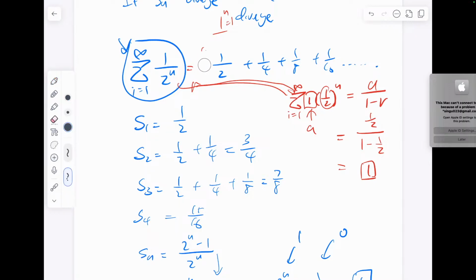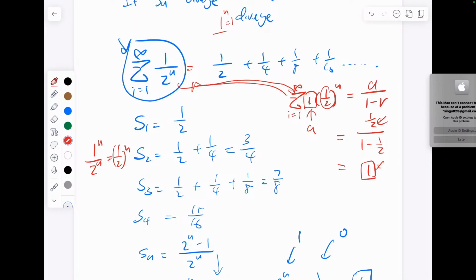How do you get the n exponent? Because 1 over 2 to the n is the same thing as 1 to the n over 2 to the n, right? Because 1 to the n is 1. So this one's going to be 1 over 2 to the n. So this one's 1, not 2. Sorry, I made a mistake. So your starting value is 1/2.